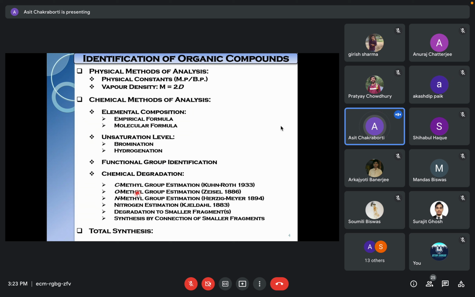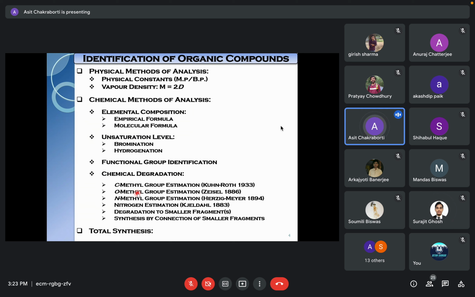What is the chemical shift value if it is an ester and if it is attached to the aromatic ring? Which one will be the higher delta value, the ester one or the aromatic one? So the aromatic one.